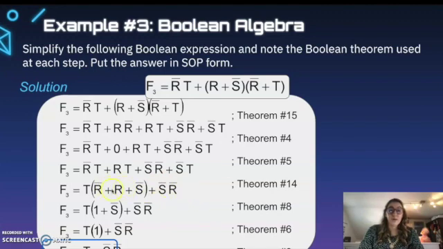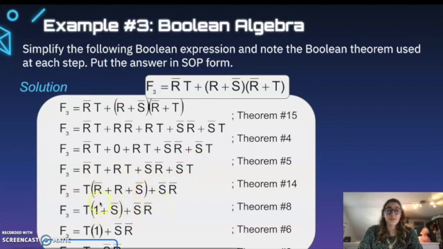What ended up happening is the T was pulled out from here and put outside of these parentheses. Then we have the R's together in that way, or the SR stays the same, but the ST then comes into the parentheses.